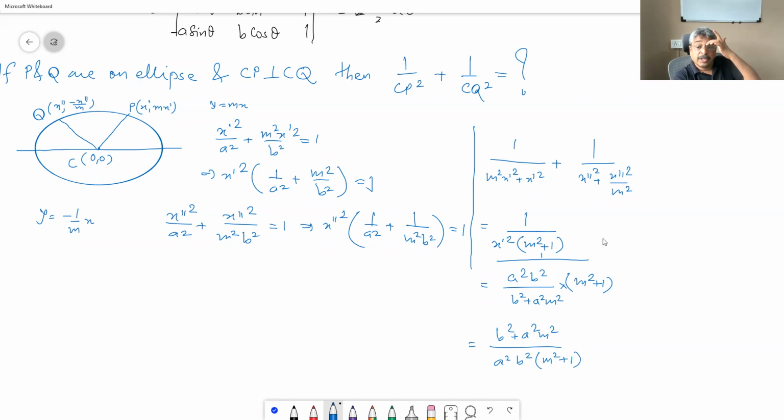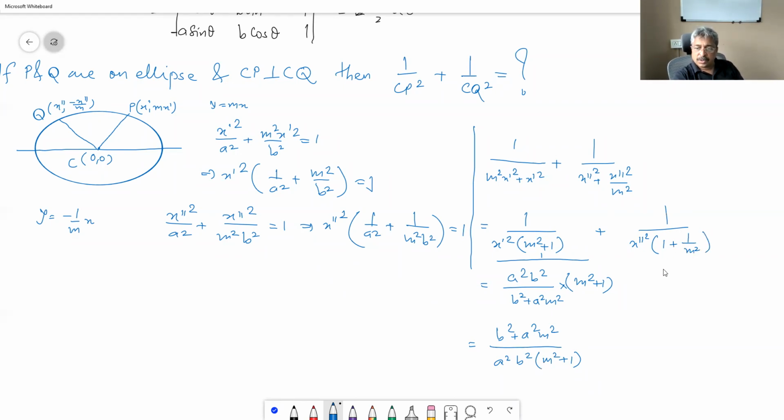Similarly, this is going to be x double dash square common, inside bracket 1 plus 1 upon m square. I can simplify this and say m square plus 1 upon m square.